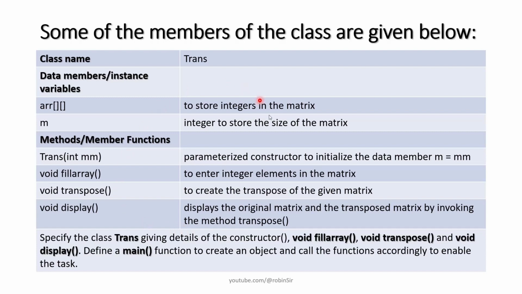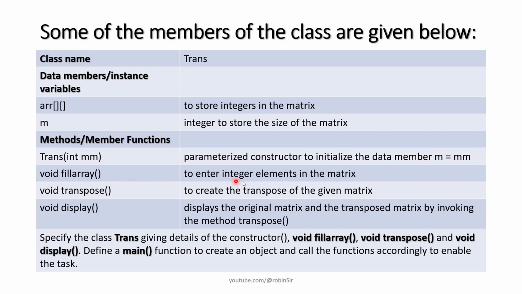So here are the details of the class trans. We have a two-dimensional array to store the integers in the matrix. M is going to be the size of the matrix. Then we have a parameterized constructor to initialize the data member, the size.